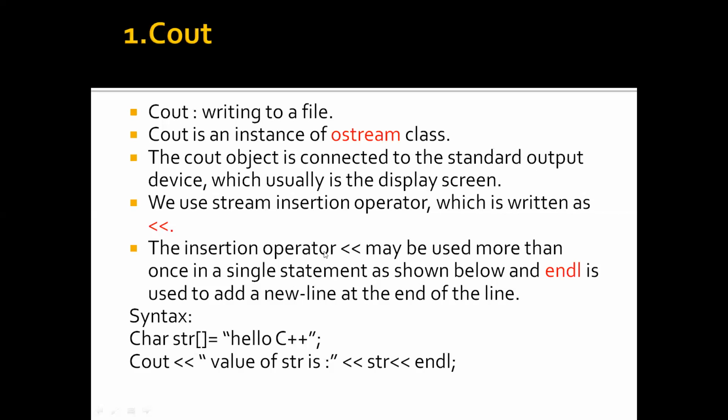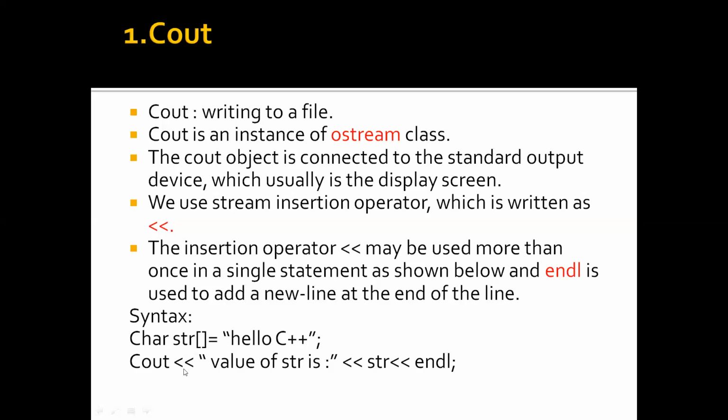In a particular statement, we are using cout mostly. In a particular statement, we can use a single insertion operator, or else we can use multiple insertion operators. See here, in the syntax, we have given a char string as hello C++, and we have mentioned cout.